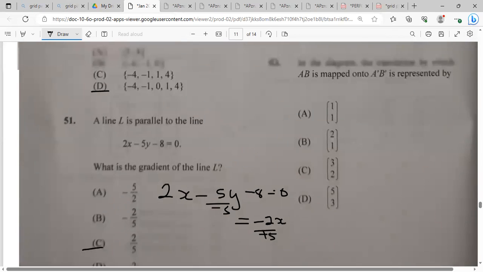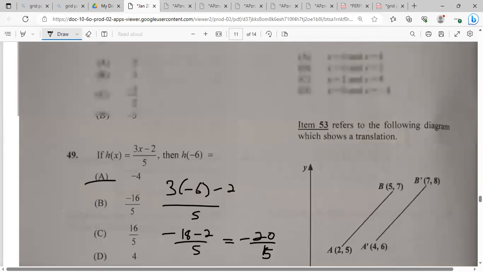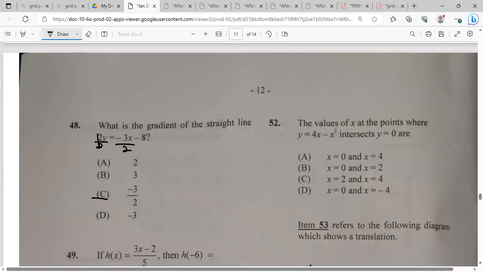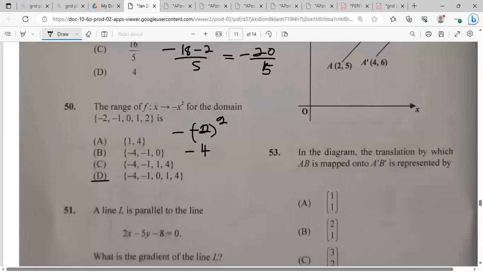Let's move on to 52. The values of x for which the graph intersects y equals 0 are, I'm going to see the graph for that.